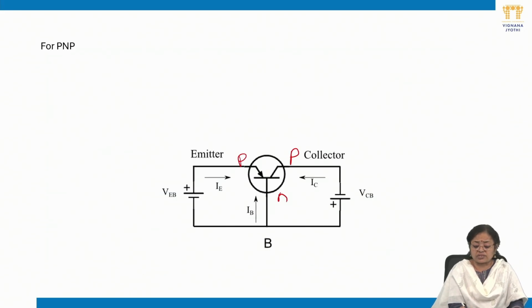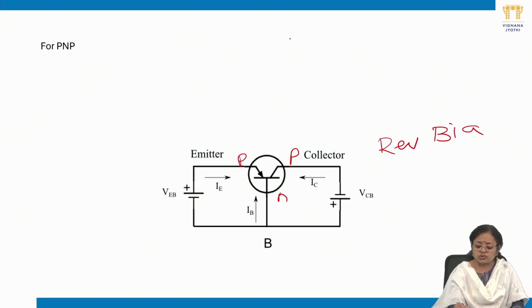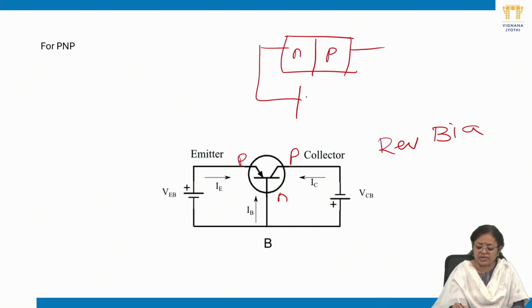We know that the output side, that is the CB junction, is reverse biased. Suppose we reverse bias a PN junction diode, P and N. What happens? The depletion width increases.